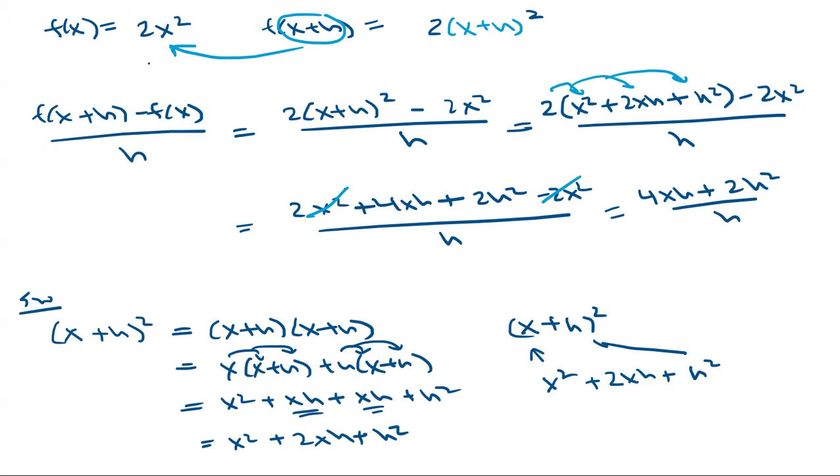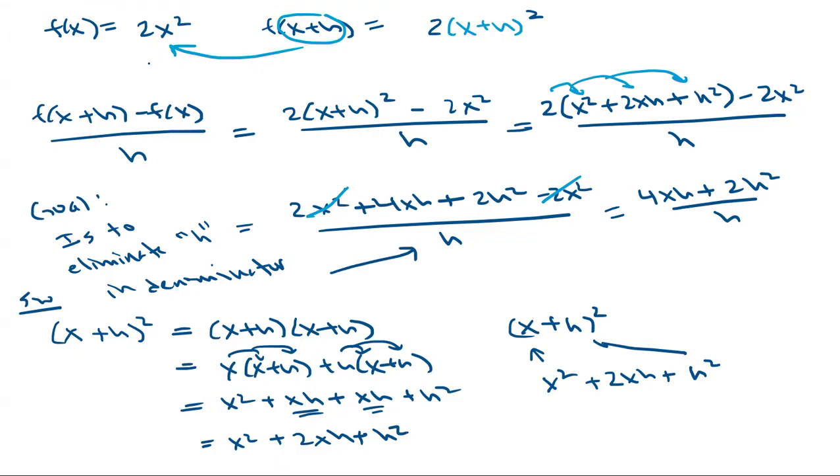And what is our goal? Our goal is to eliminate the h in the denominator. Okay? Which is this one right here. All right? We need to get rid of that denominator because that's what's causing us problems. Okay?